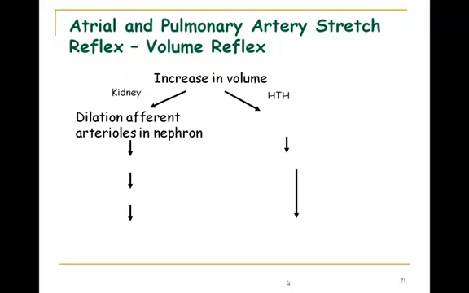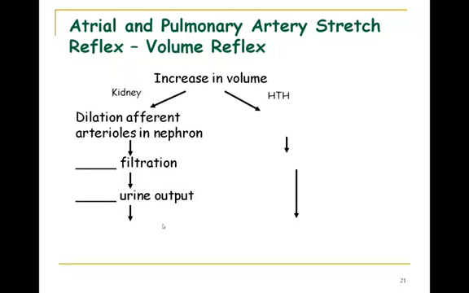These are your feeder vessels to the glomeruli. So you'll increase the amount of blood going to the nephron. And if you dilate the afferent arteriole, you increase your filtration. If you filter more, urine output will increase. So you're going to excrete more urine.